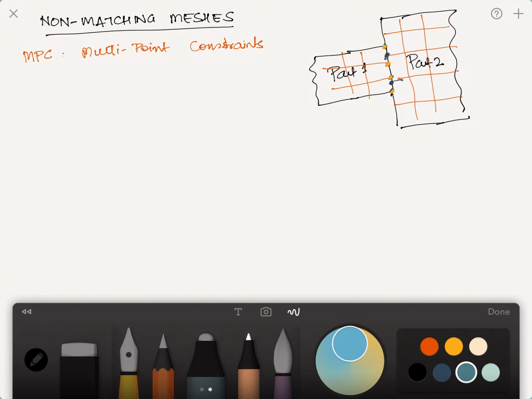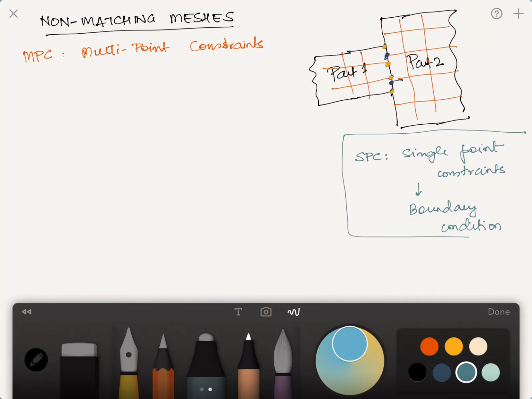SPC is a single point constraint. This is side knowledge, not related to non-matching meshes. Single point constraints are basically nothing but boundary conditions, because I pick a point and say, okay, I'll have a constraint on it, it's fixed, it's moving, etc. That's SPC.